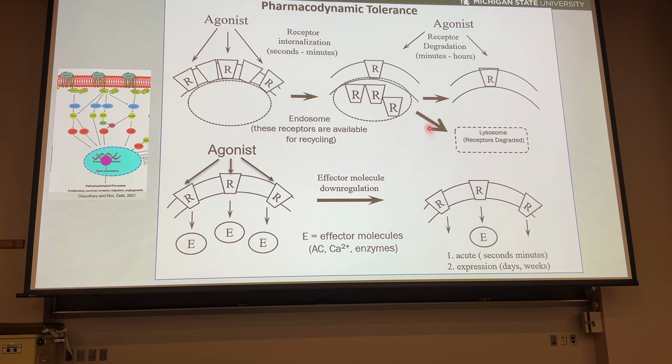If we go all the way over and form this lysosome and they break them down, this is the downregulation. And so we see here we have much less receptor on the membrane that can bind to drug. This process is minutes to hours, okay? This process also happens at the effector protein level.